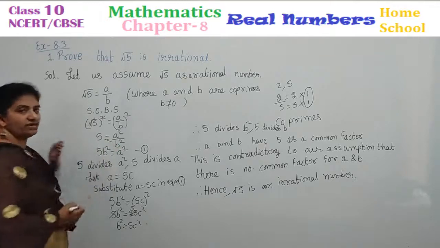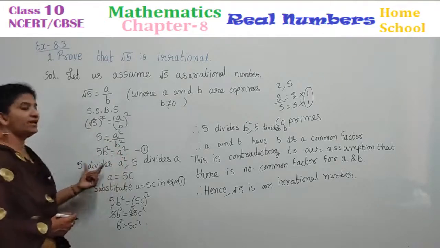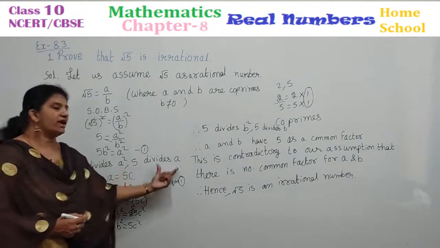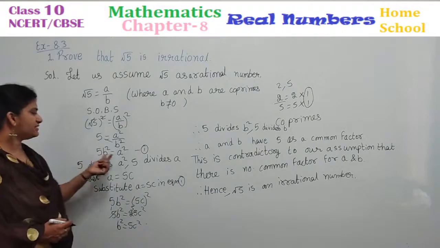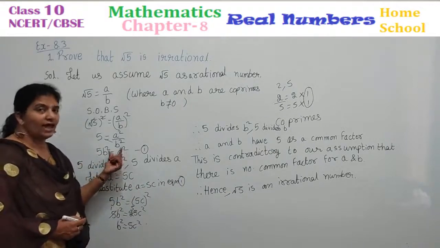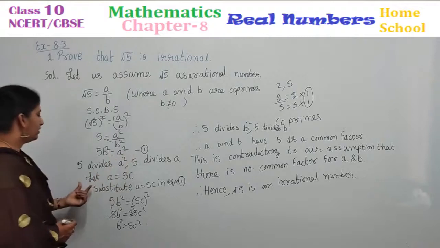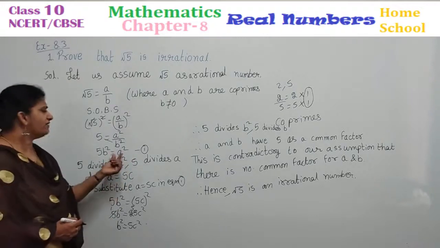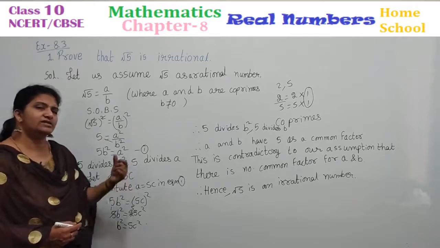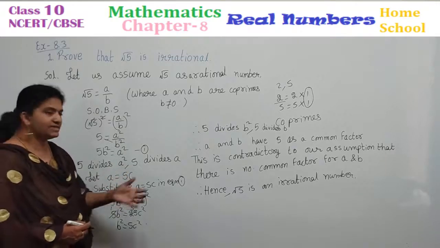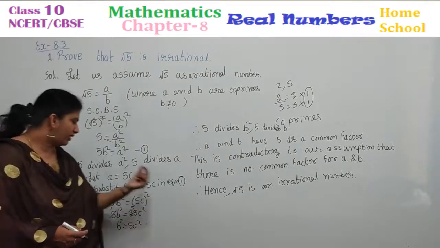Send this B square this side. 5B square is equal to A square. 5 divides A square. 5 divides A. According to the theorem, this 5 divides A square and it also divides A. Let A be equal to 5C, some other integer, I have taken.